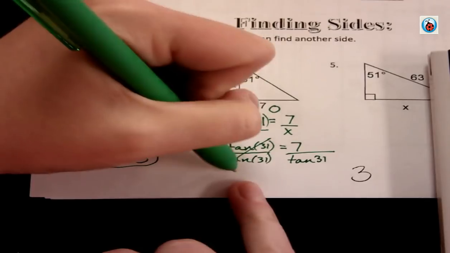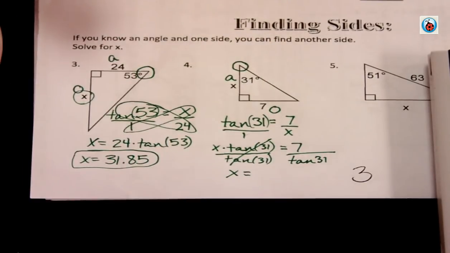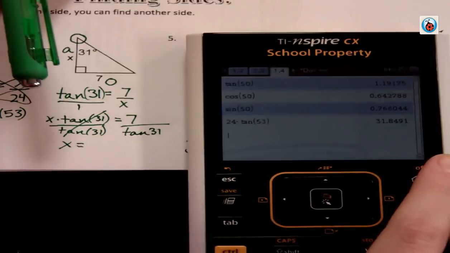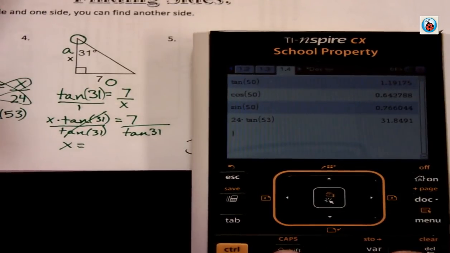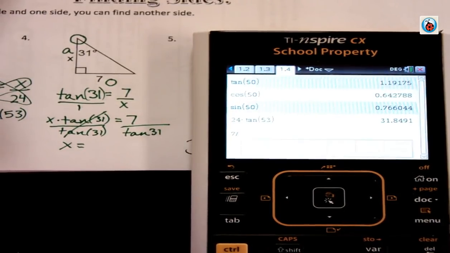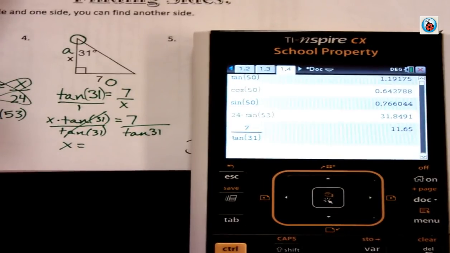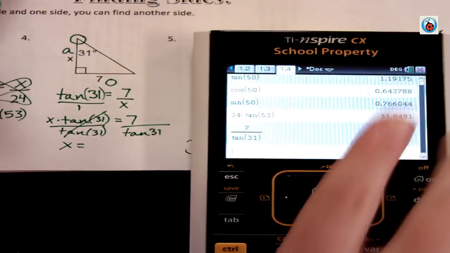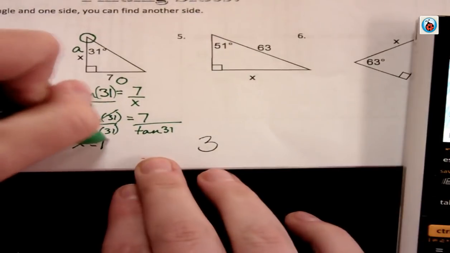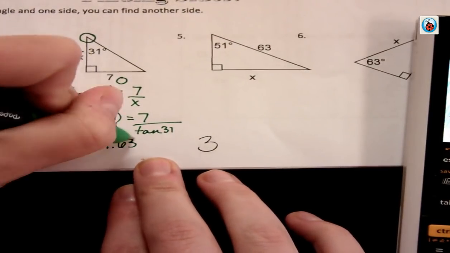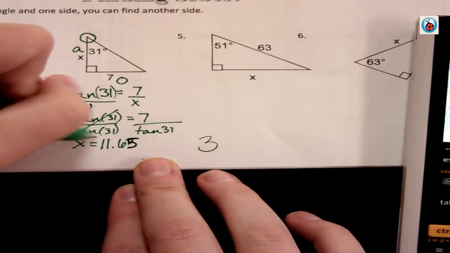That's what we put in the calculator. 7 divided by tangent of 31 is 11.65.